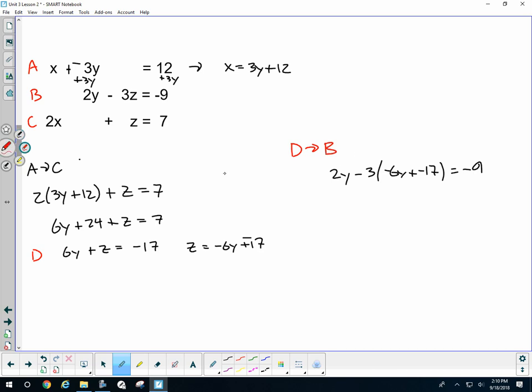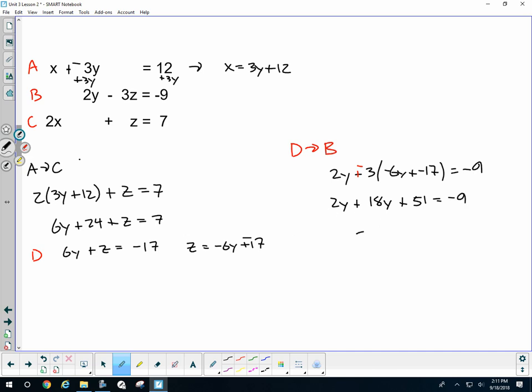Now, very important to be neat and orderly with all of your work. Change those subtraction symbols to add the opposite so that you know you are distributing a -3, giving me positive 18y. And then 17 times 3, what is that, 41? 51, sorry.